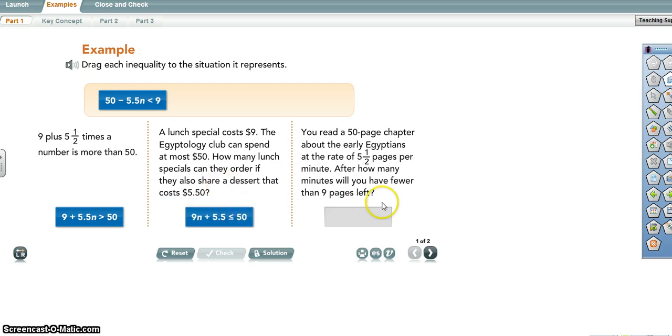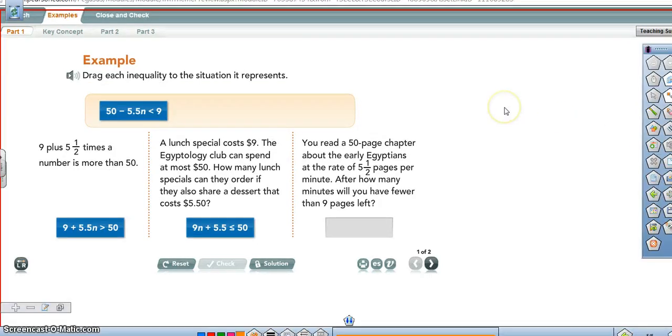Now that tells us what the last one should be, but let's still double check everything. You read a 50-page chapter about the early Egyptians at the rate of 5.5 pages per minute. After how many minutes will you have fewer than 9 pages left? Okay, so we start with 50 pages.